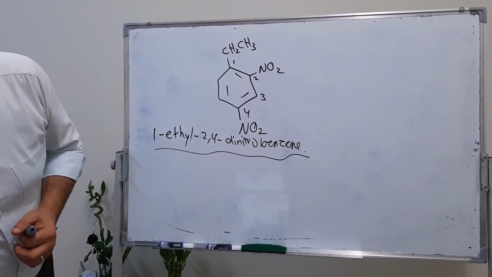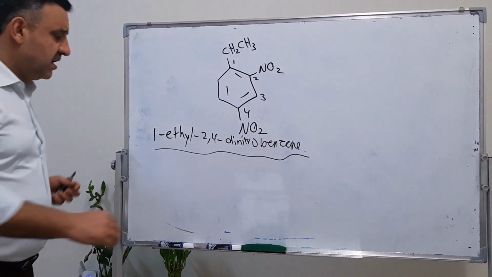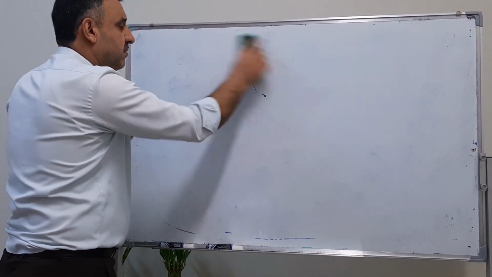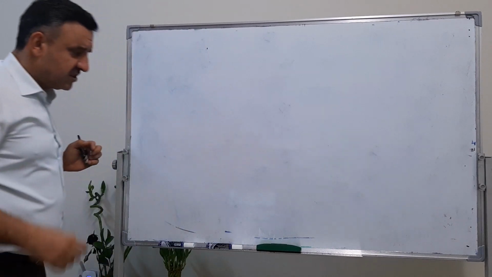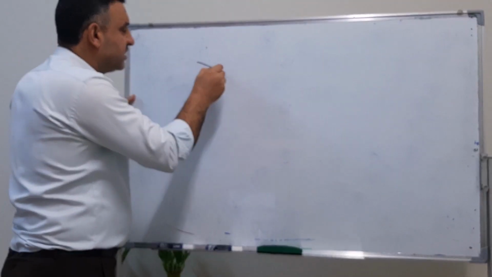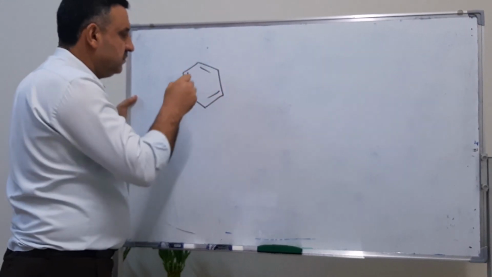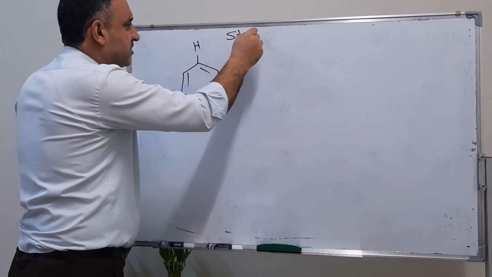All right. Now let's talk about the structure of benzene, and we are just going to go through some historical aspects of the structure of benzene. As you know, the structure of benzene is this structure. It says chemical structure of benzene.